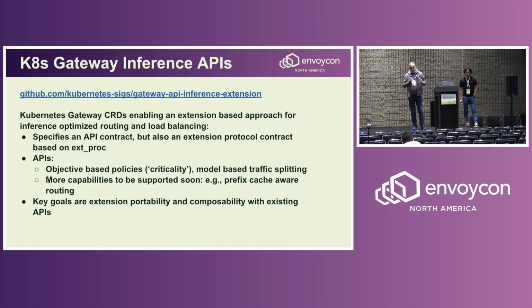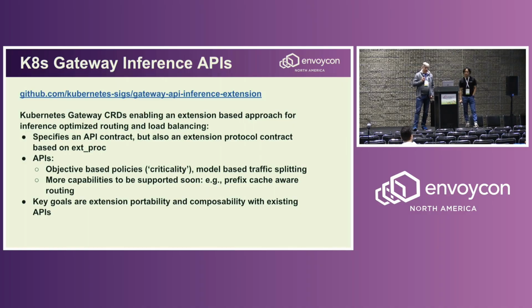To address some of these problems, we are using the inference extensions. That's the Kubernetes Gateway API Inference Extension, and the name changed multiple times. I know it's a mouthful.